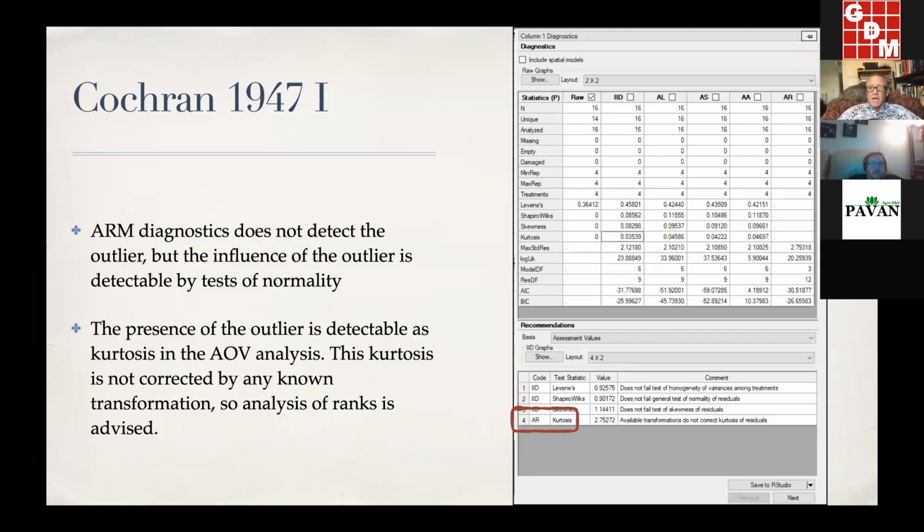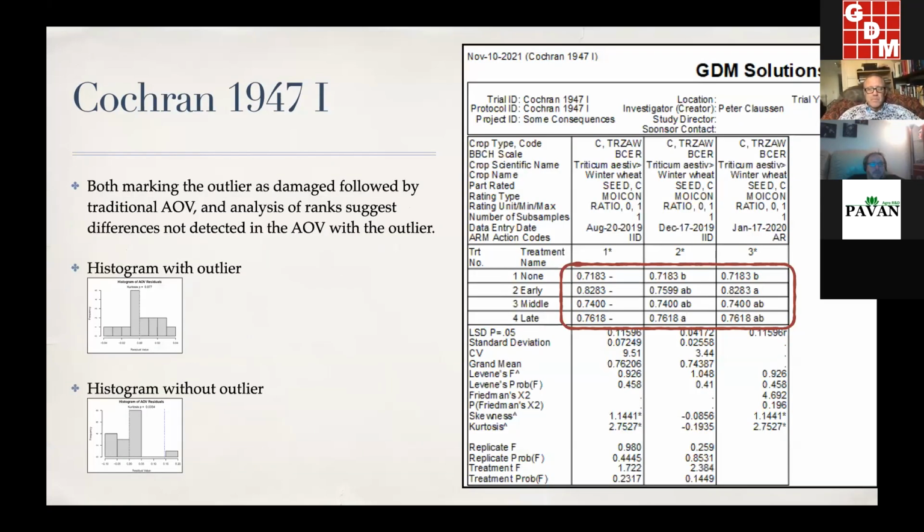Transformations tend to work best when the data are distributed in such a way that we don't expect normality, but we can transform to normality.